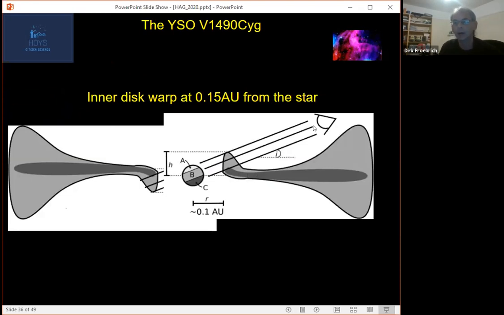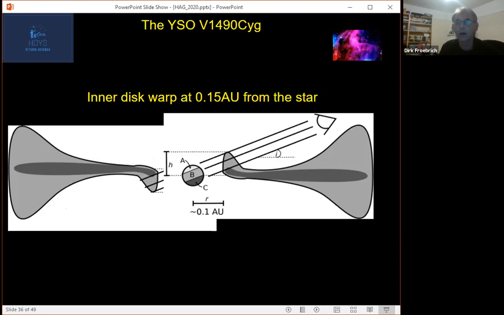And then if you observe, let's say from over here, that part of the accretion disk is blocking the star and the object looks dim. But this thing is orbiting around the star, and after half a period this bit is over here and this bit is over there. So it would go down after half a period, and we would be directly looking at the star and the system would be bright.